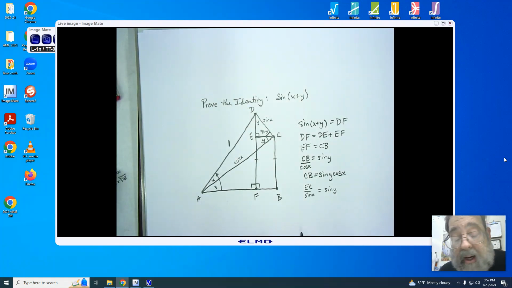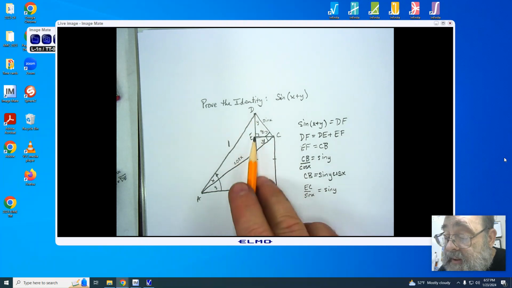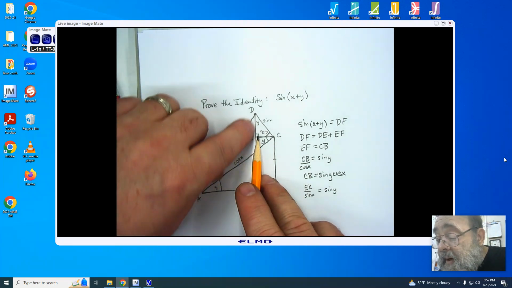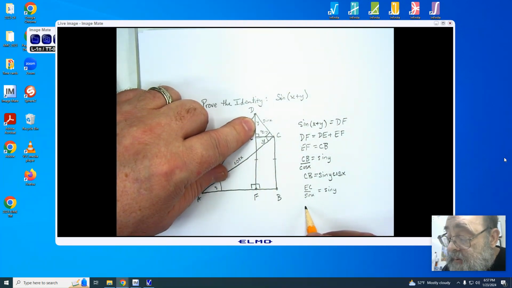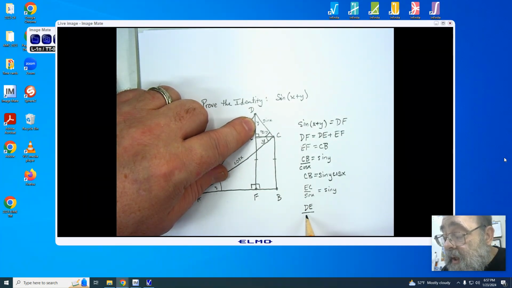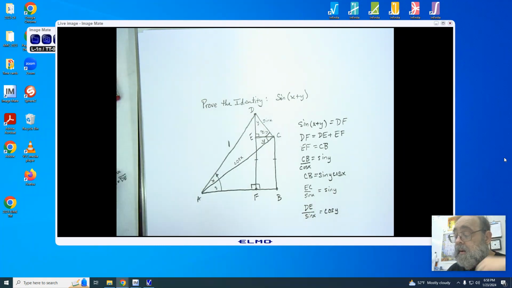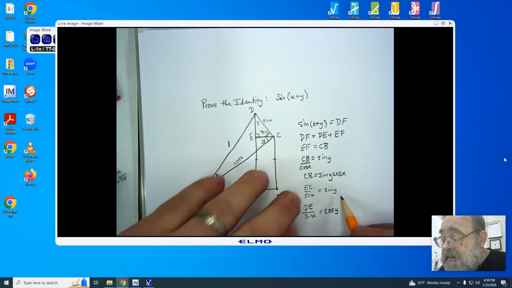Let's see, what else can I say? So I have EC, and I have DE. What's DE? Well, DE would be the cosine, wouldn't it? So DE divided by the sine of X is the cosine of Y. Now that means there are two things.